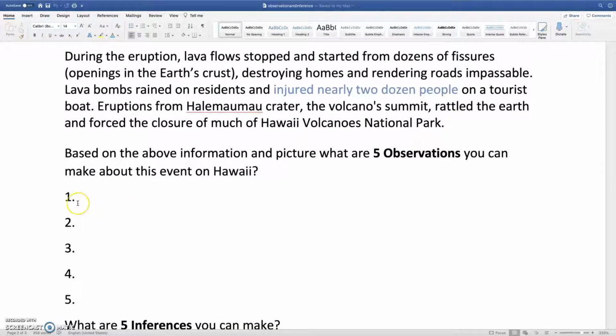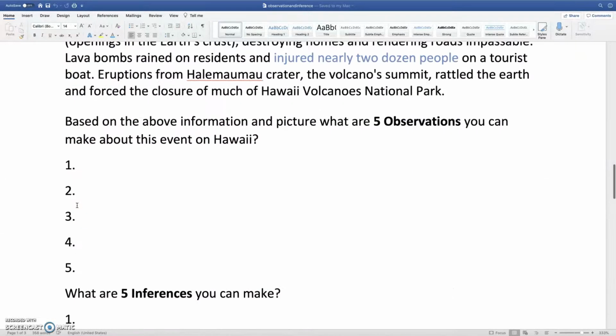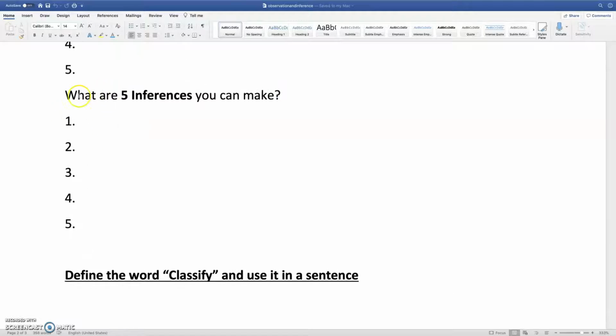So when you're doing this, even if you don't want to print out or write it down on the document, you can just write in your notebook 5 observations based on this picture. And then you can get to that second part where you're going to be looking at what you infer about this picture. What are your inferences?